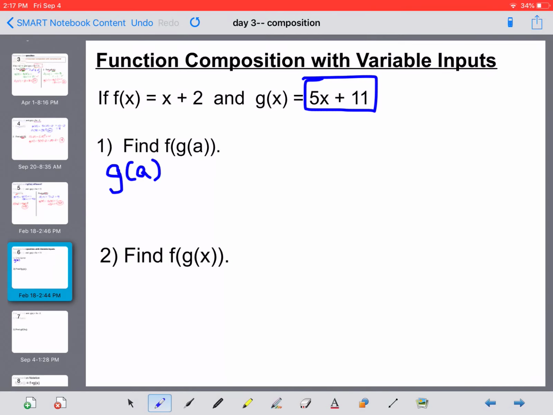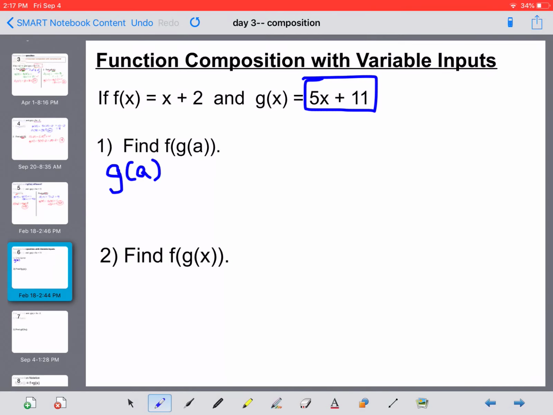And in fact, the only difference when we finish will be that instead of the variable a, we have the variable x. And while at first that might seem surprising, if you take a look at the two questions themselves, what we had, f of g of a and f of g of x, the only difference between those two was the choice of the variable. So we should expect pretty similar answers.